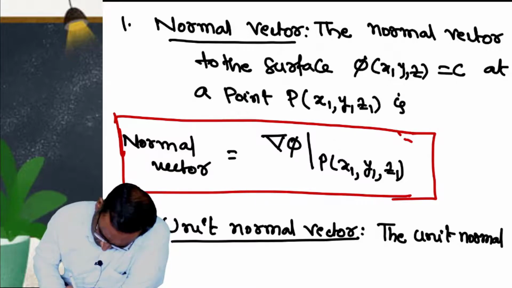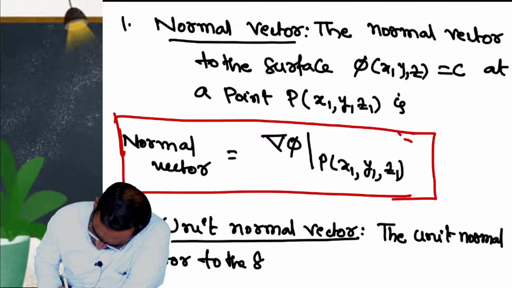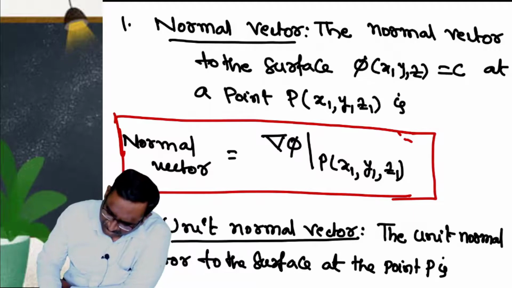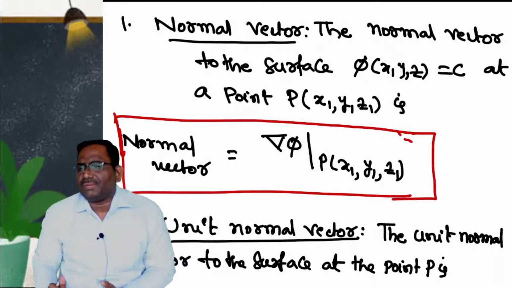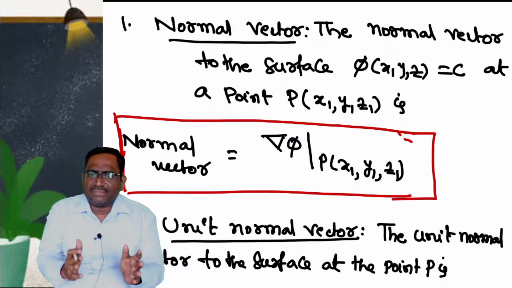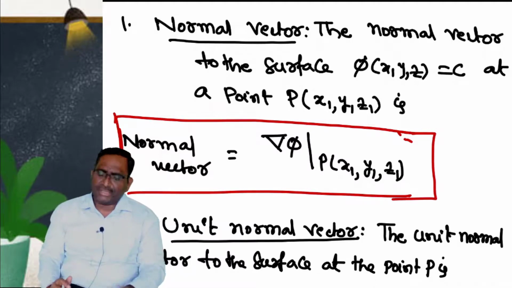The unit normal vector to the surface at the point P: whenever we get a normal vector, to get the unit normal vector we have to divide that vector by the corresponding magnitude.